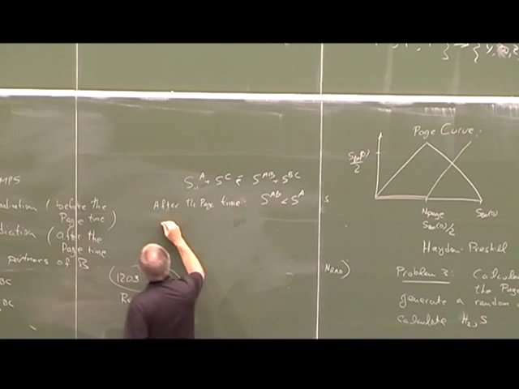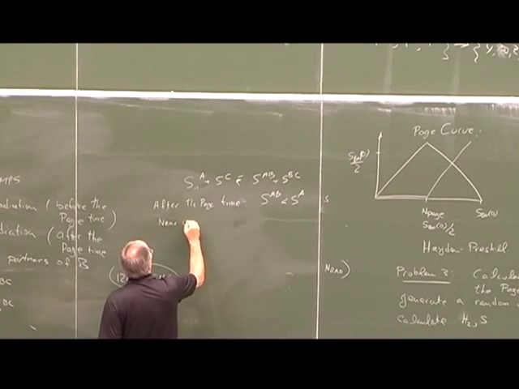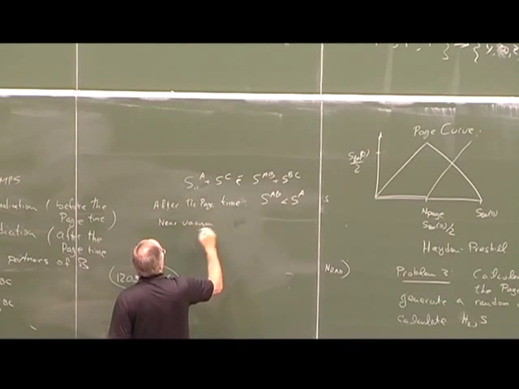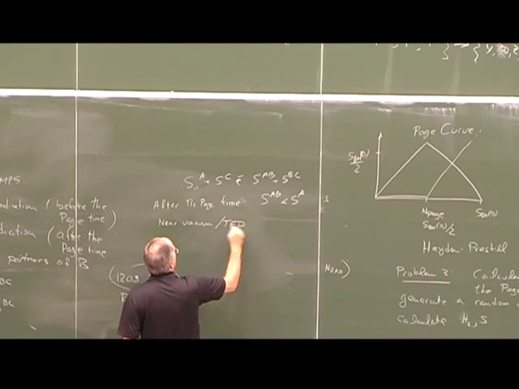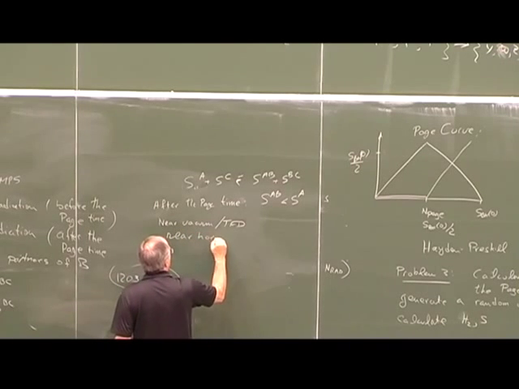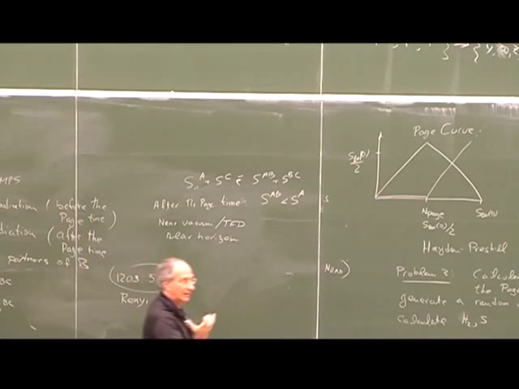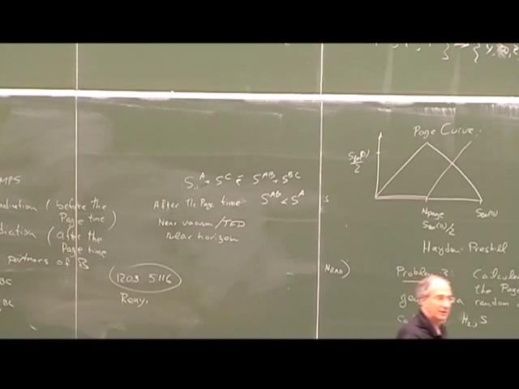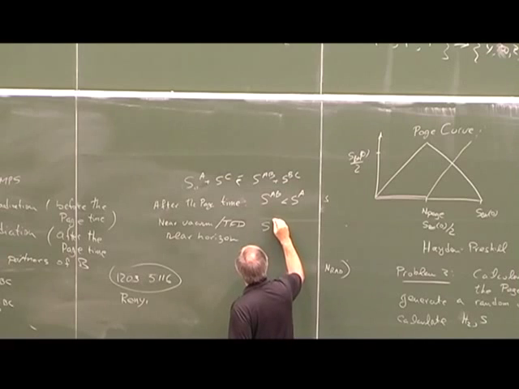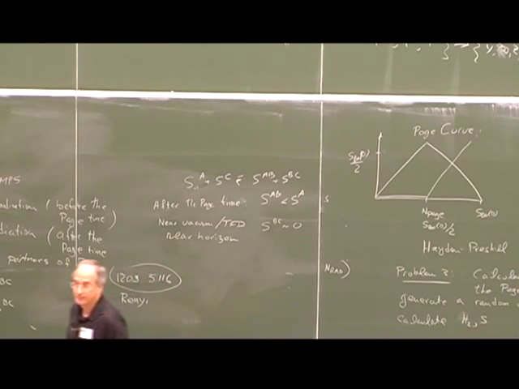SBC, so if the near horizon state is approximately a thermofield double, this means that the entropy SBC is approximately 0 because it's a pure state. Okay?